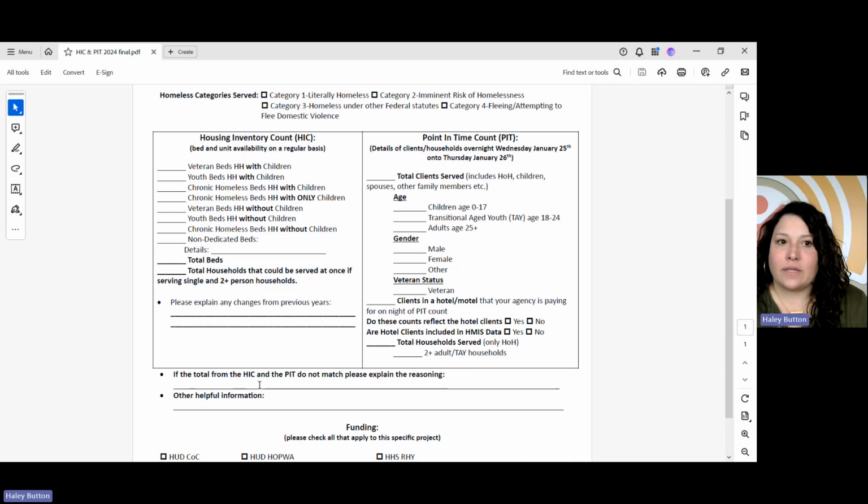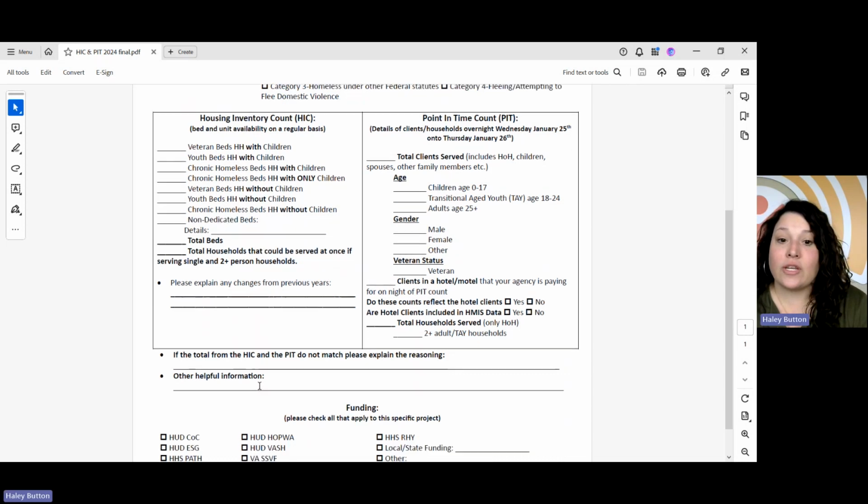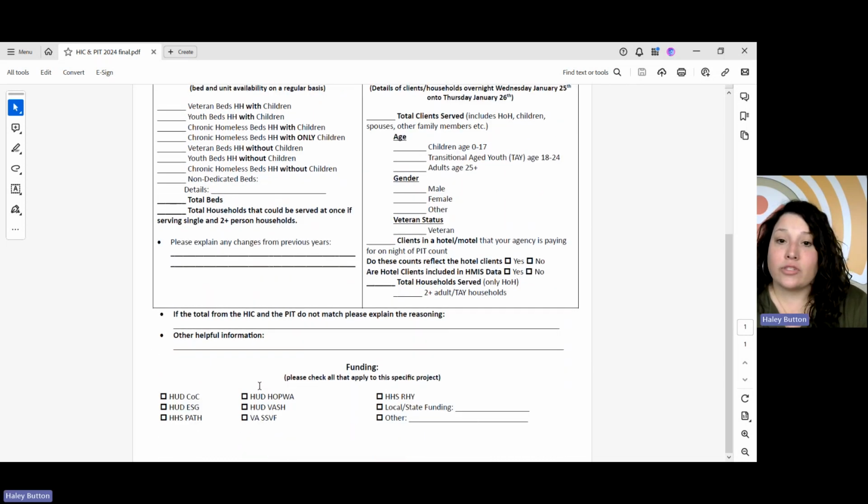And then the opposite would be true, like maybe a reason if there is a whole lot of empty beds for the shelter on the night of the PIT count. If you have any reasoning that you know could be true, then feel free to include that as well. And then there is a section for any other helpful information that you want to share with us.